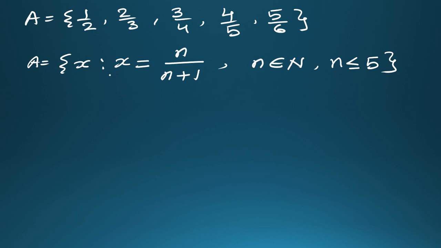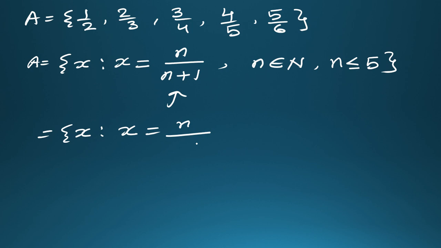Okay, x such that x is a number n upon n plus 1, because the numerator is 1 smaller than the denominator, or you can say the denominator is 1 bigger than the numerator, and n is a natural number less than or equal to 5. Okay, now can we write this representation like this also? Sometimes I have seen this in one of the answer sheets.